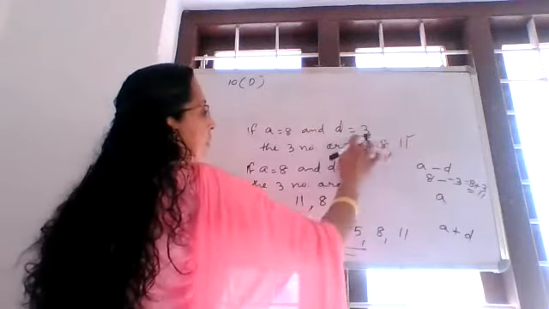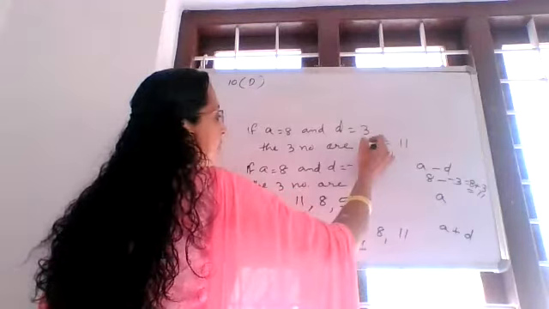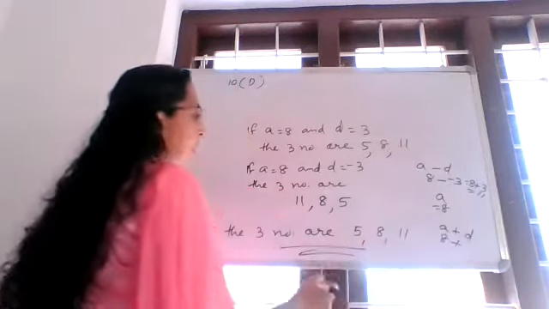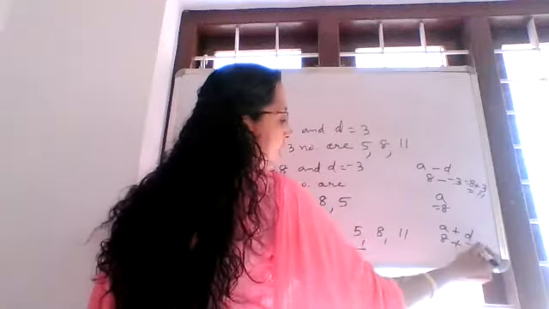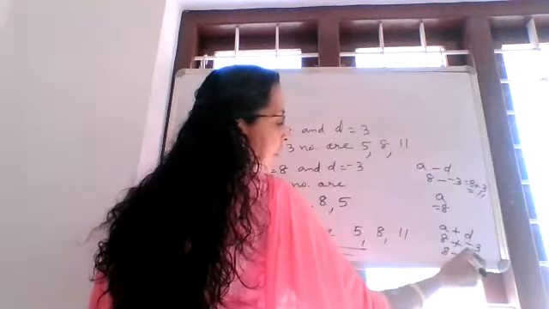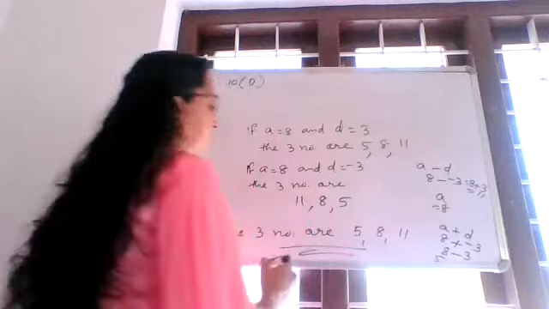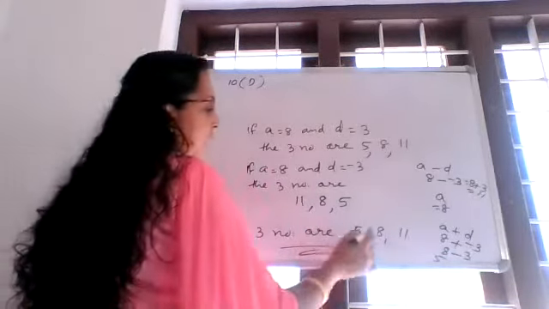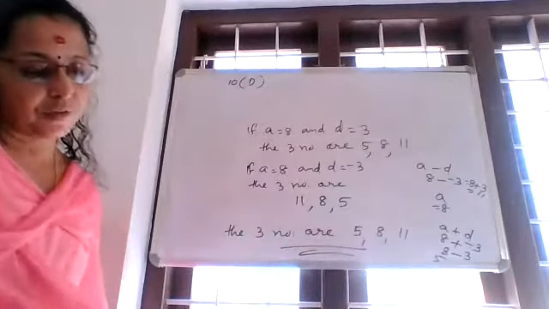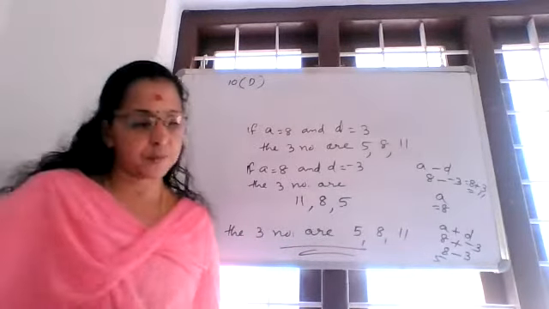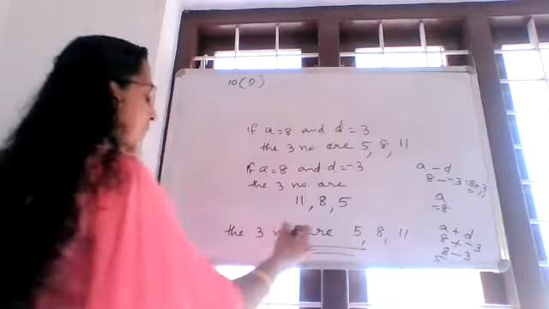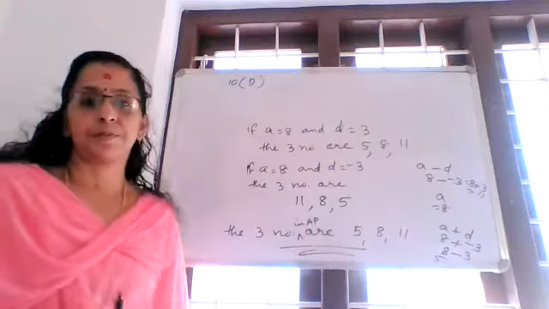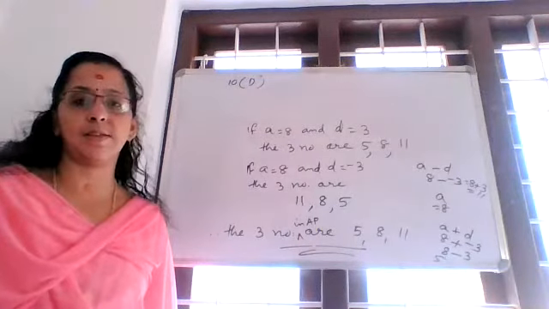Then a plus d will be 8 plus negative 3, so 8 minus 3 is equal to 5. So 11, 8, 5. Therefore, the three numbers in AP are 5, 8, 11. That is your answer.